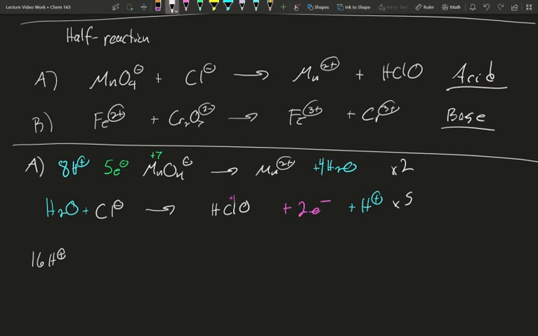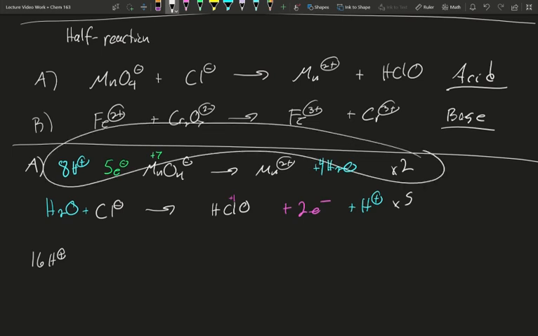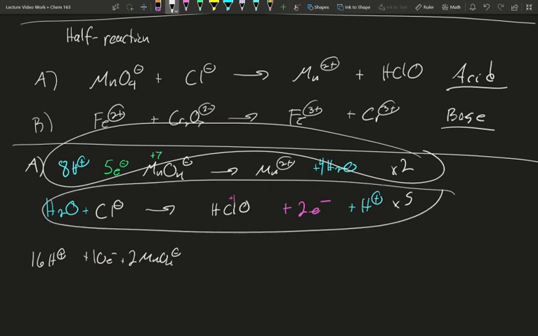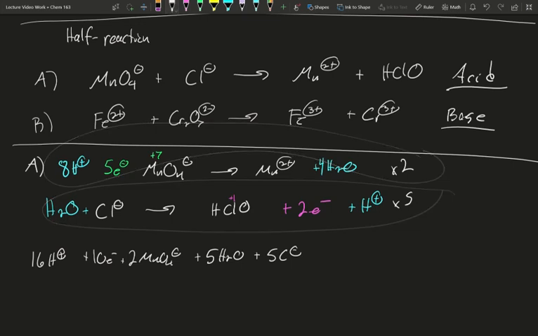16H+. So doing the top here, 2 times 8, 10 electrons, 2 MnO4 minuses. In terms of the bottom reaction, that's going to give us 5 waters and 5 chloride going in as reactants.